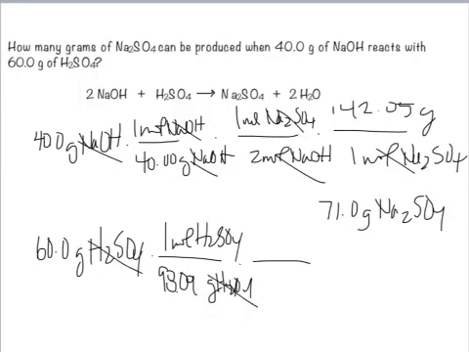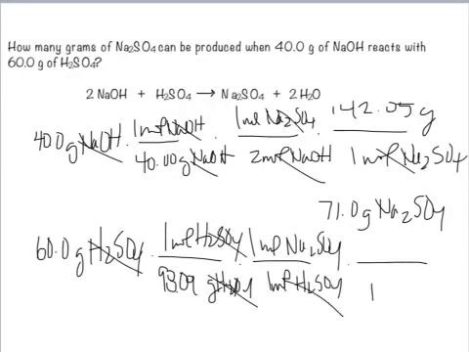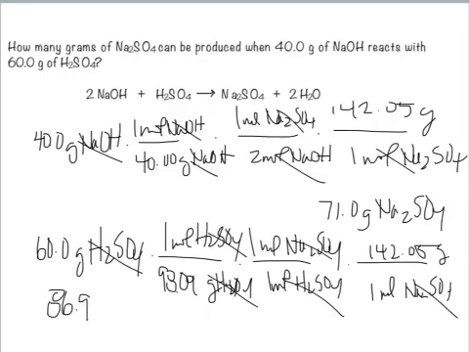From the balanced formula, for every 1 mole of sulfuric acid, I get 1 mole of sodium sulfate. Moles of sulfuric acid cancel. Once again, 1 mole of sodium sulfate has a mass of 142.05 grams. Moles cancel. If I do this calculation, you're going to find out that it equals 86.9 grams. And so it's the smaller of the two, the 71 is your result.